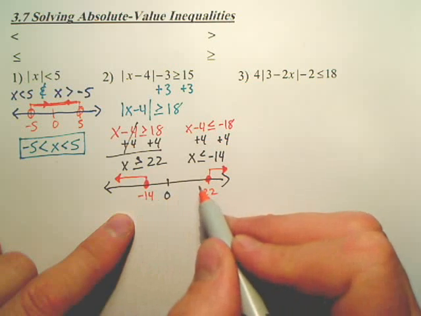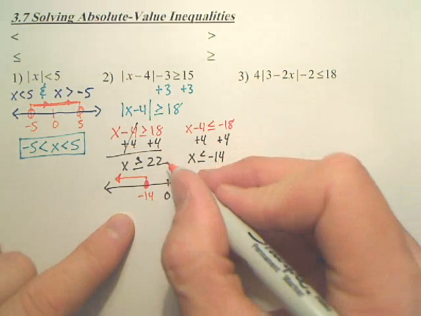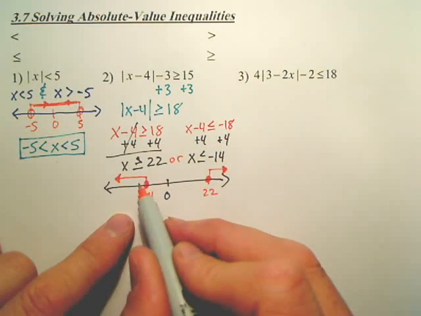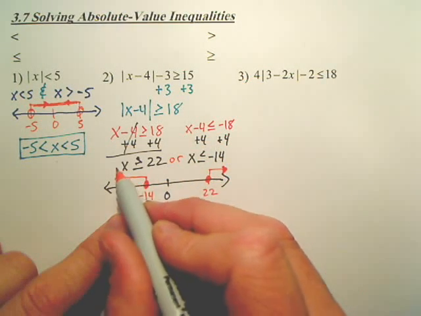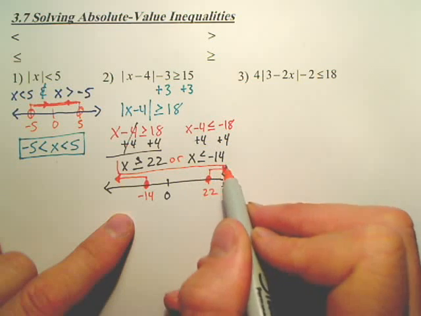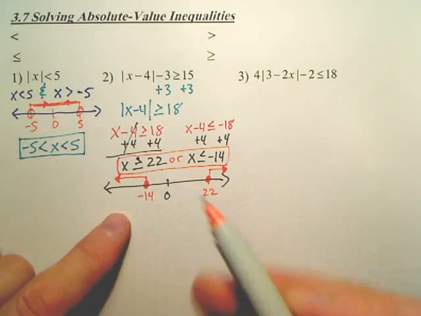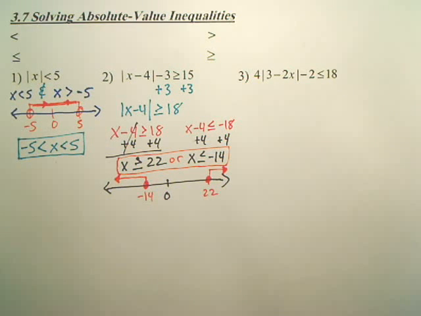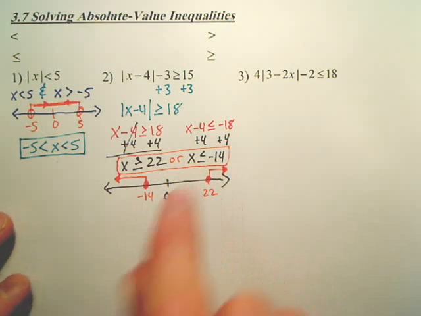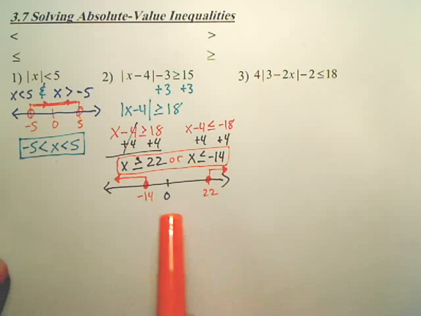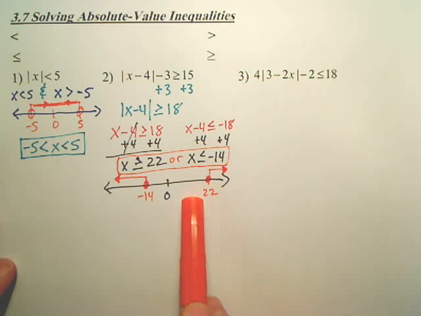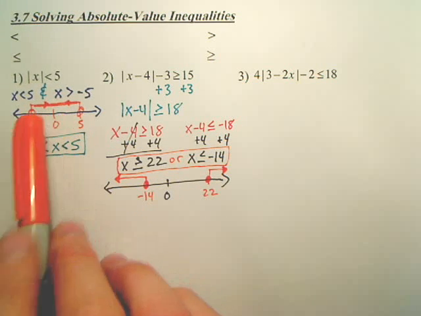This is not an and. This is an or. I put the word or in between because if they're going opposite direction, it's an or. And with ors, you can leave it just like that. That's your answer. With ors, you just write the word or and write each piece separately. Ors always go out. Ors are out or out. Ands are in between.